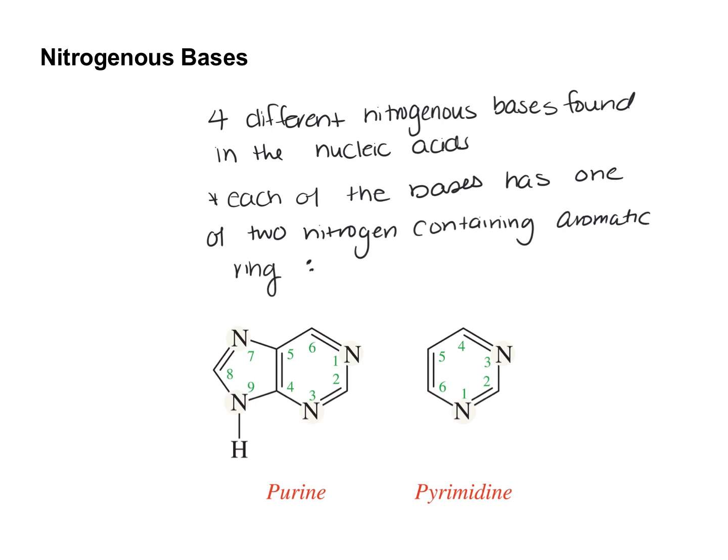These aromatic rings are either going to be a purine or a pyrimidine. You're going to notice the nitrogens there. We call these nitrogenous bases because of the nitrogens. The purine is a 5-sided ring fused to a 6-sided ring, whereas the pyrimidine is just the 6-sided ring.